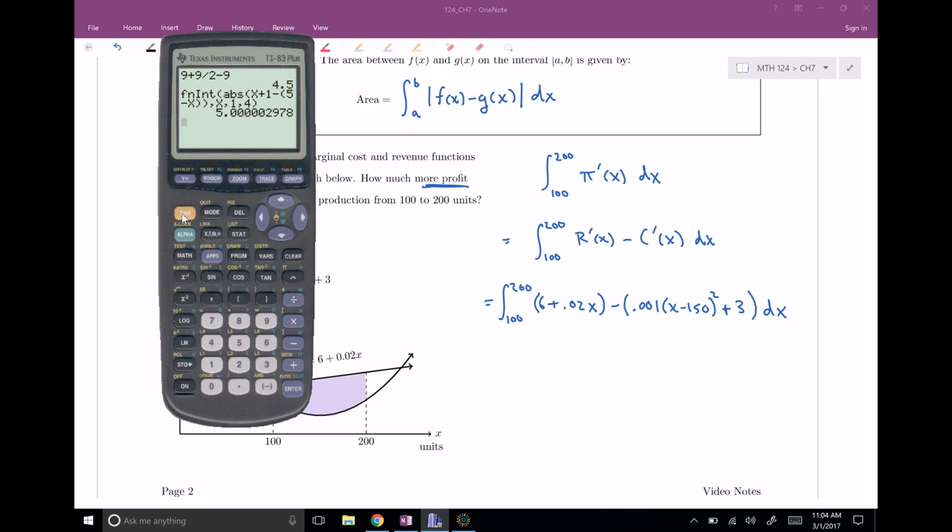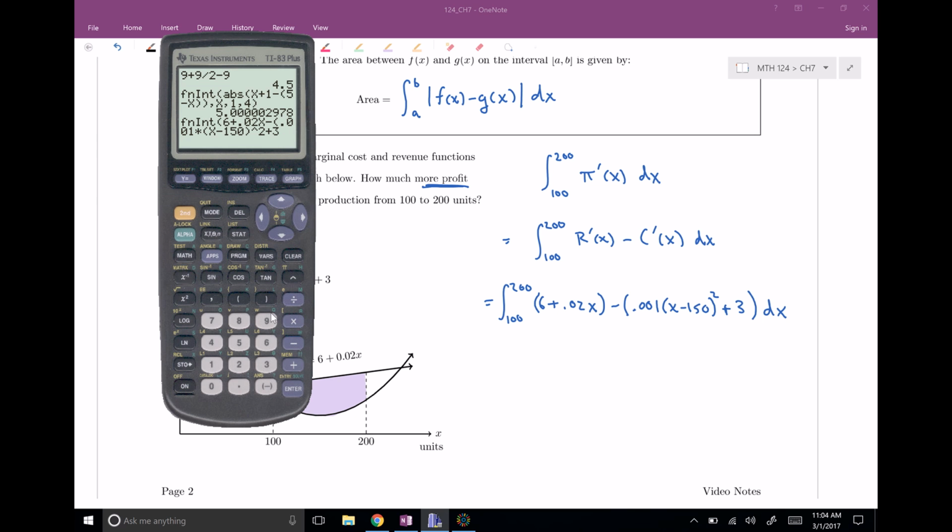So that being said, let's go in and I'm going to do Math, number 9, fnInt. And so I'm going to be integrating the function 6 plus 0.02x minus, and now let me do parentheses here just in case, 0.001 times parentheses x minus 150, close those parentheses and square it, plus 3.